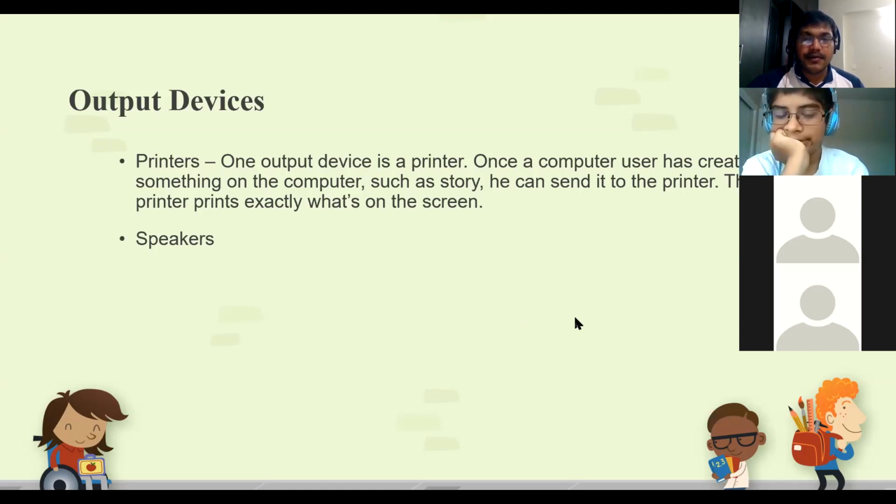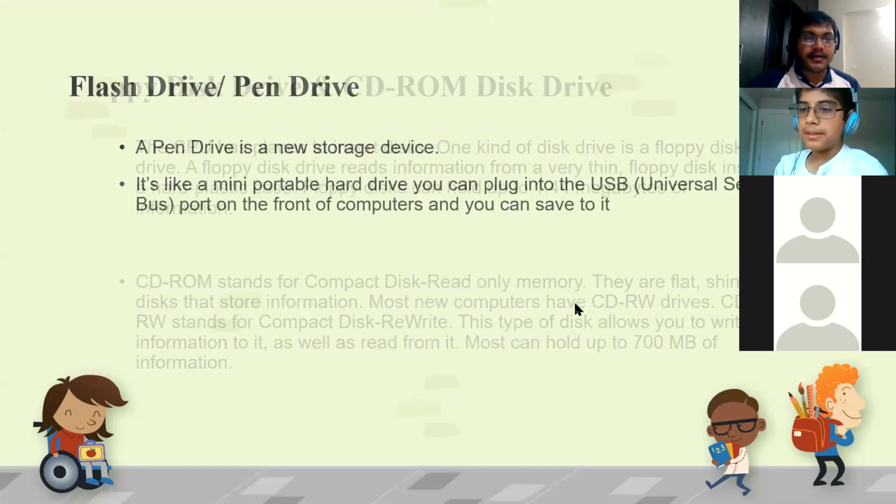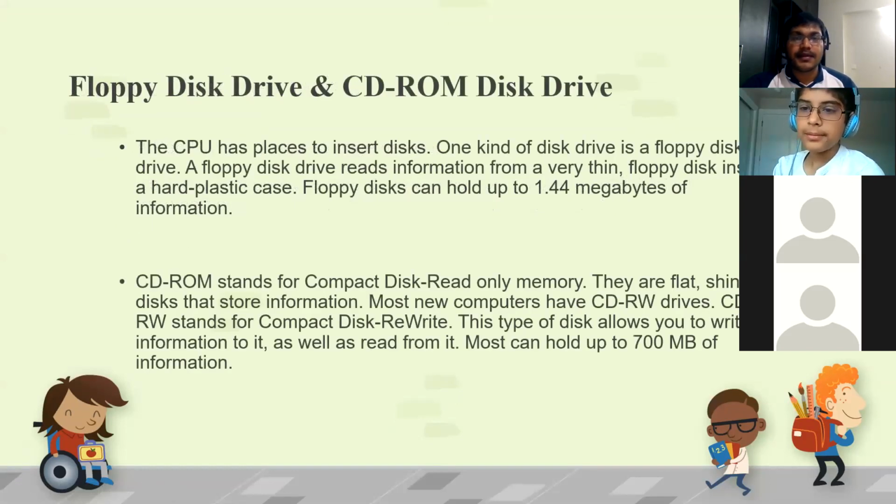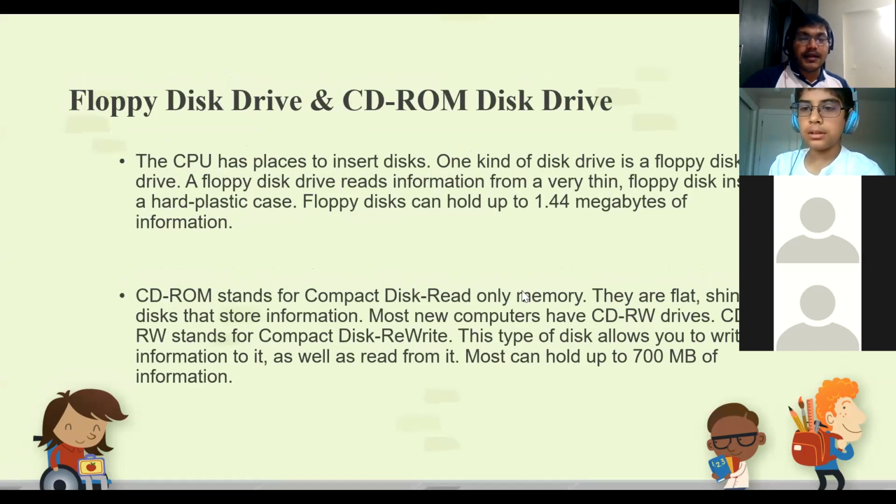Now let me quickly go back and discuss a little bit about the floppy disk, CD-ROM and pen drive. These are another kind of device, known as storage devices. As I mentioned yesterday, we have storage in the computer, where it stores things on the RAM, and we have the hard disk and these things.